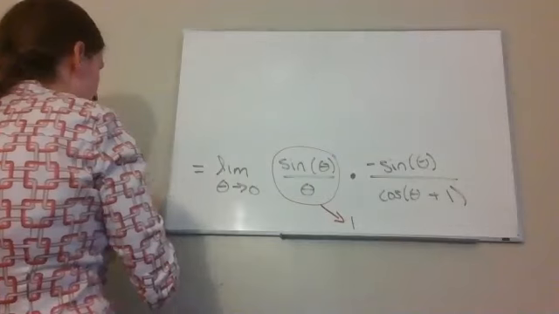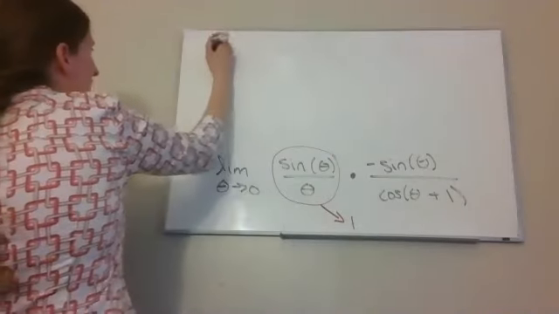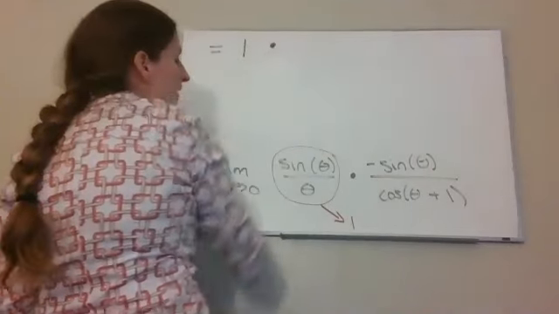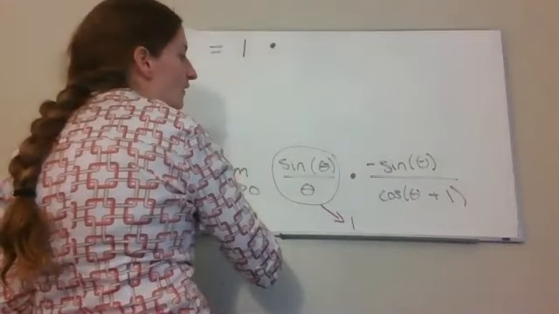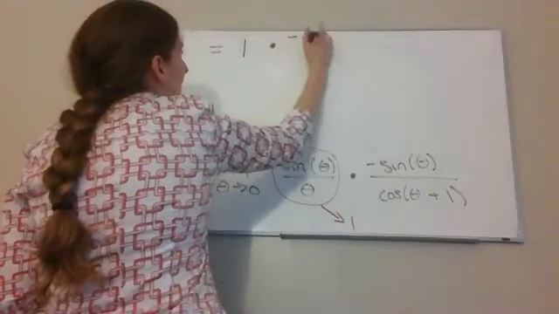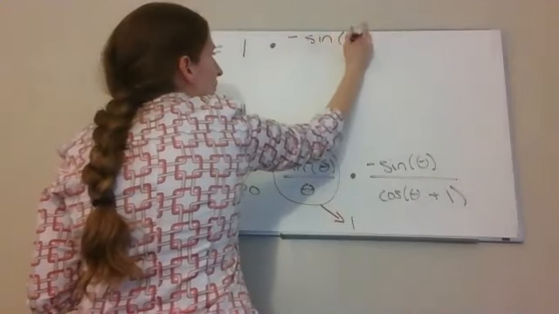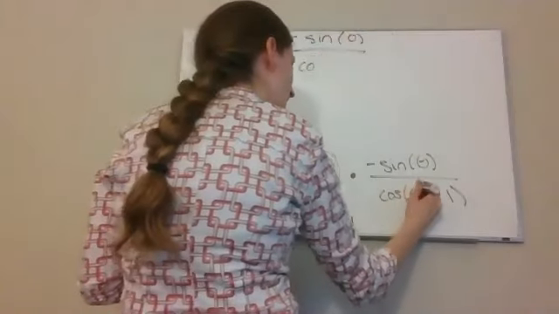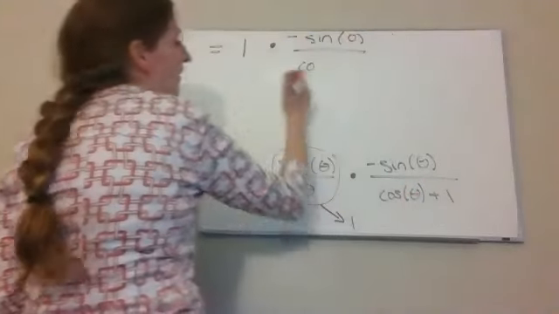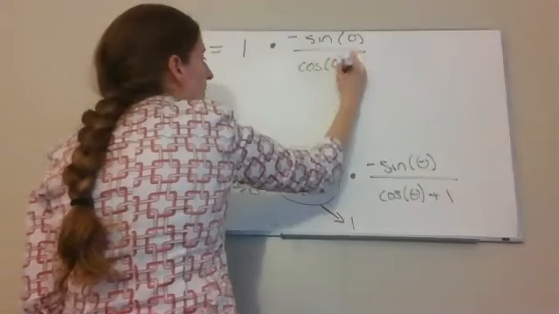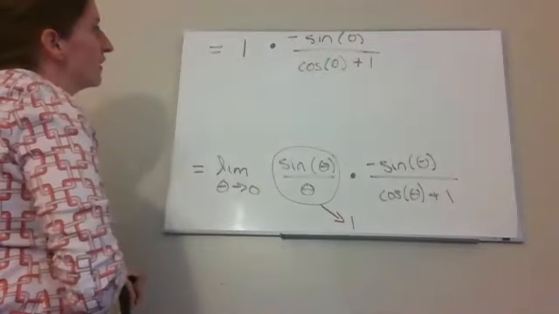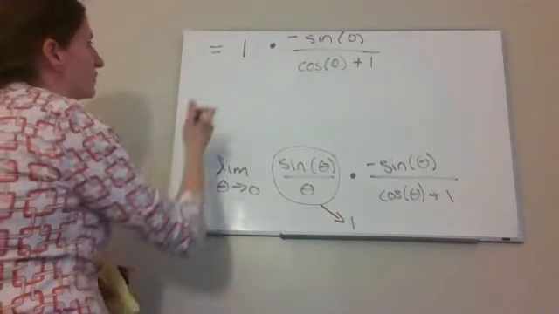So when I do that, I get that the limit of sine theta over theta is 1. And for the limit of this other piece of my product, I get negative sine of 0 over cosine of 0 plus 1. So what is that equal to?